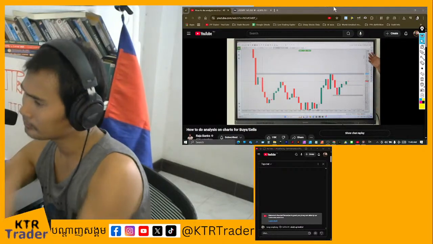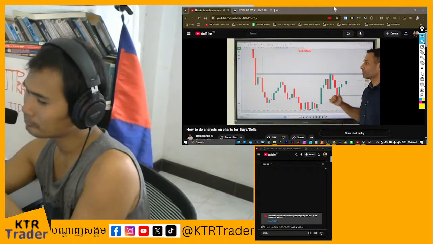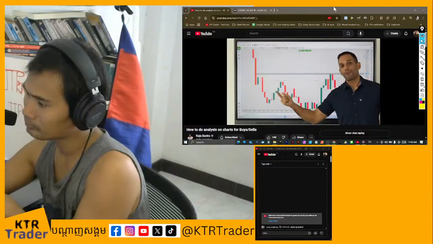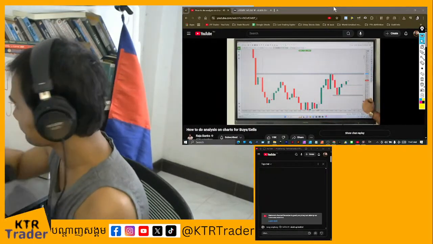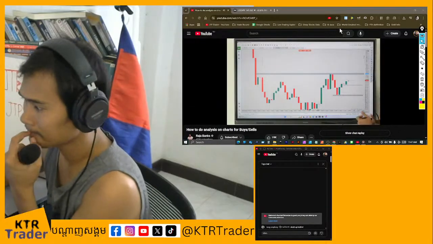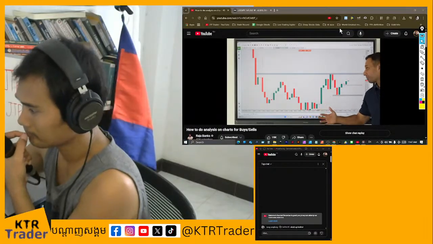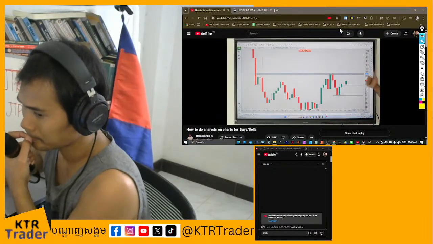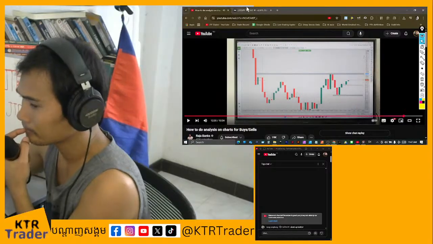So whenever you're doing analysis on the charts you have to start from the daily, 4 hour, 1 hour, 30 minute, and as you move down the time frames you have to adjust those zones, because only then you'll be able to see which zone matters, how to do the zones.